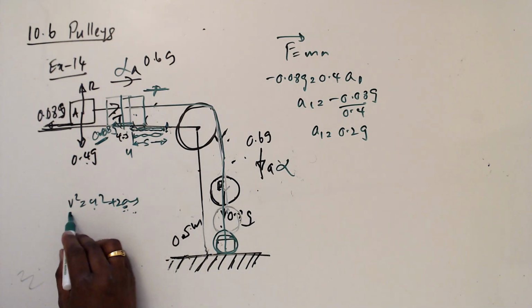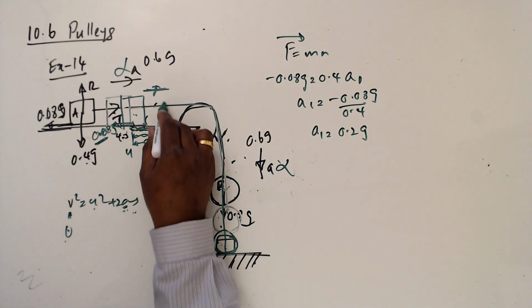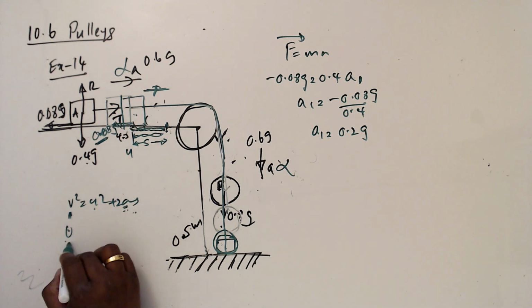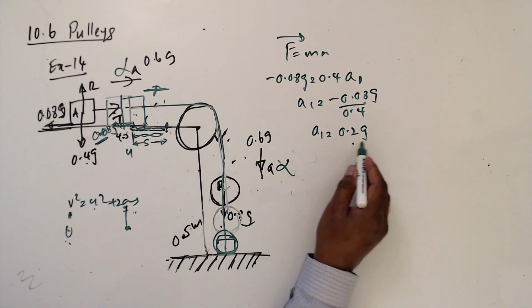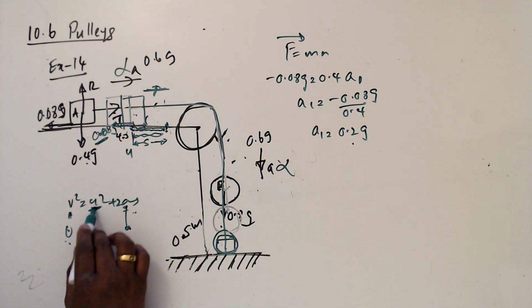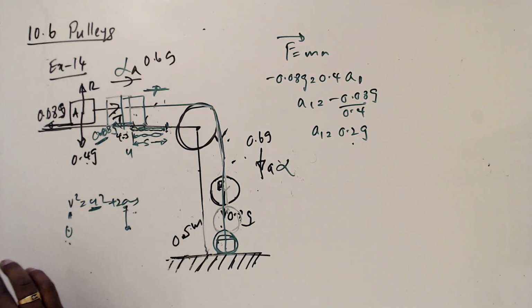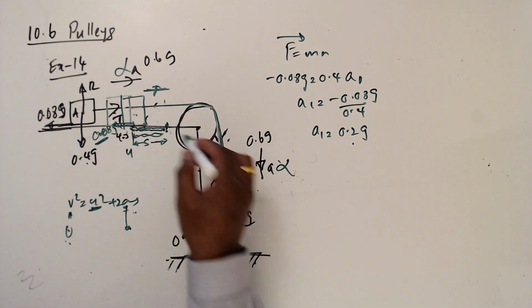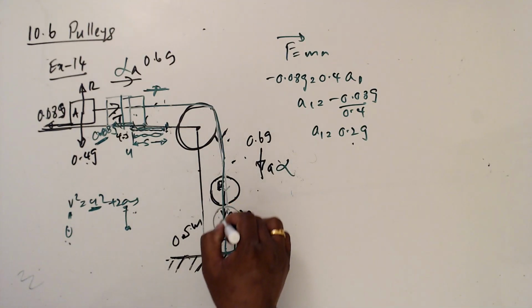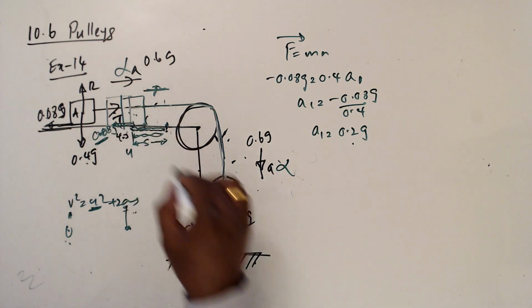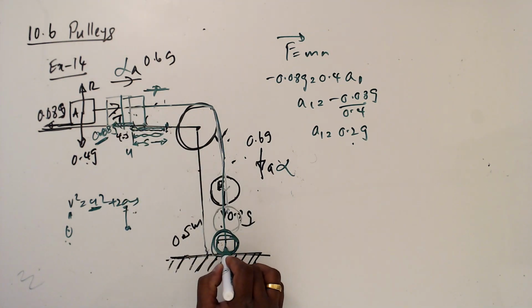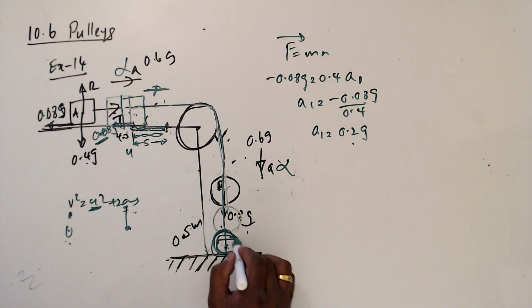Now we know when it stops V is 0. Now we have found A, that is 0.2 g, and now the starting velocity. Until this particle comes and hits this floor, both have the same velocity. At the time it is stuck with this, we can find the velocity of this one.